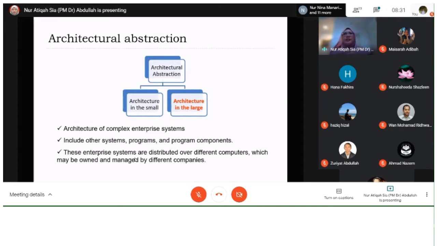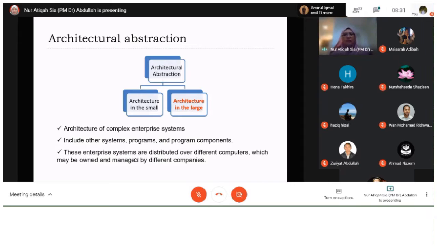If you say you want to create an enterprise system, when you mention an enterprise system, oh my god, there are so many subsystems, so many components, so many programs inside. It's an interconnection between subsystems, components and all types of parts of programs that make up a whole complex system.